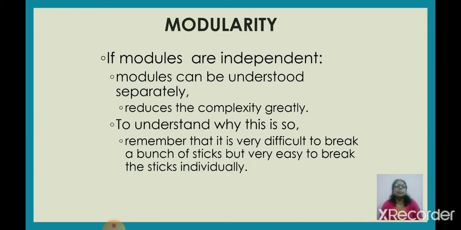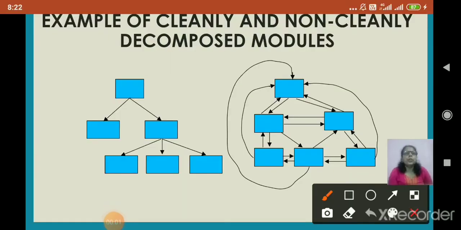This is an example of cleanly and non-cleanly decomposed modules. In the first example, we can easily see which module is calling which module and which module depends on which module. It is easily understood, so it is known as clean decomposition.